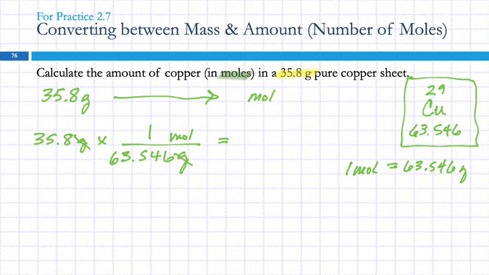35.8 divided by 63.546. How many sig figs? 3. So I'm going to write down a couple extras, and then I'm going to round it.